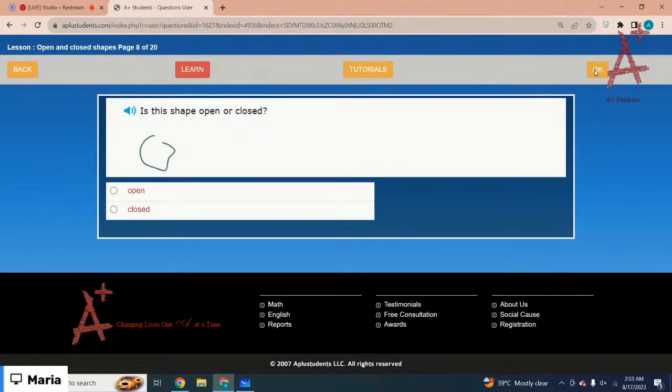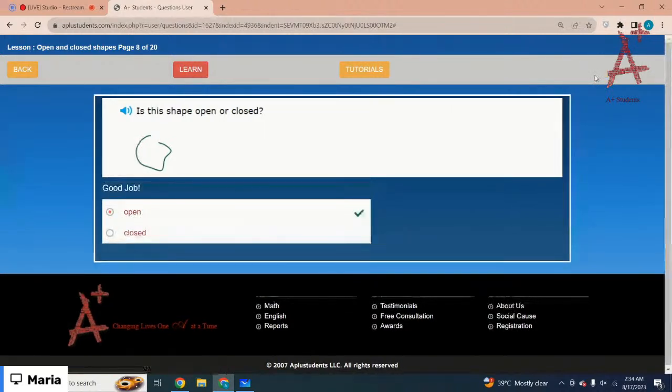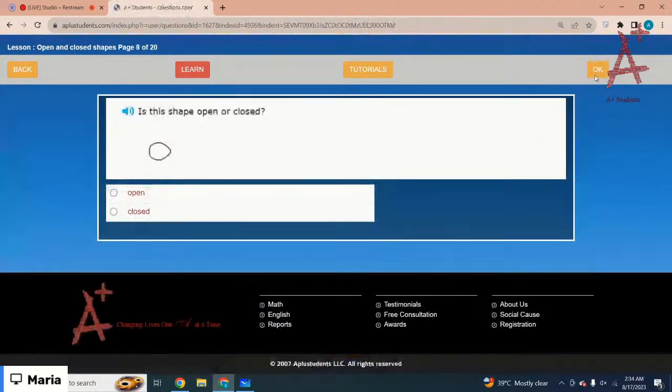Is this shape open or closed? The shape is open. Is this shape open or closed? The shape is closed.